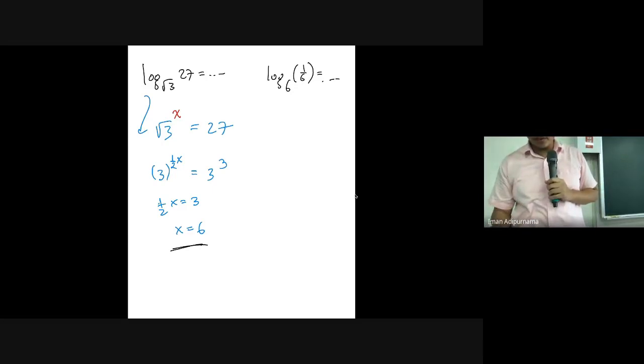So see here, it's the same as the left side. This is the square root of 3. So I will just write 6 because it's the base. This is the base. And I need to raise it to the power of something.